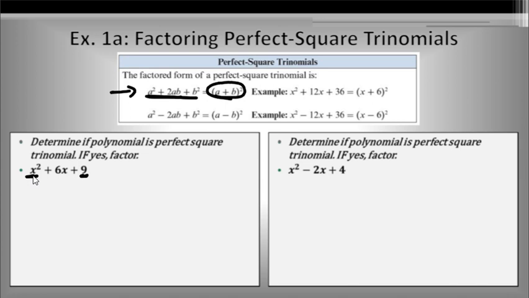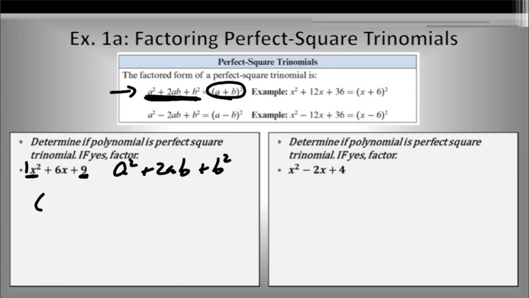And now if I use this formula up here, your a squared plus your 2ab plus your b squared, there's a 1 in front of here, can I take the 1 times the 3, because 3 times 3 gives us 9, that gives me 3. Does 3 plus 3 give us 6?